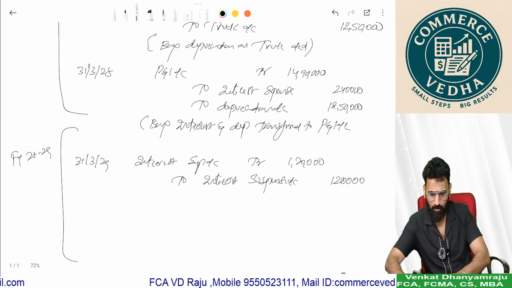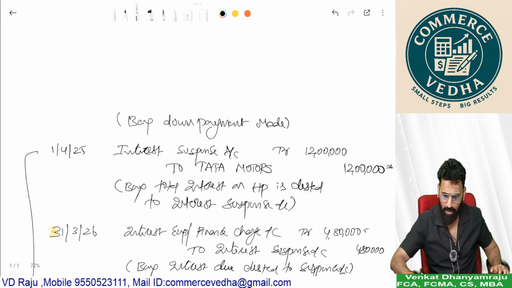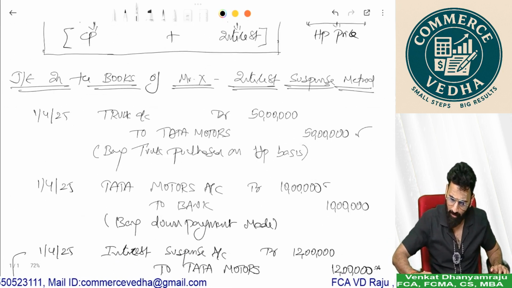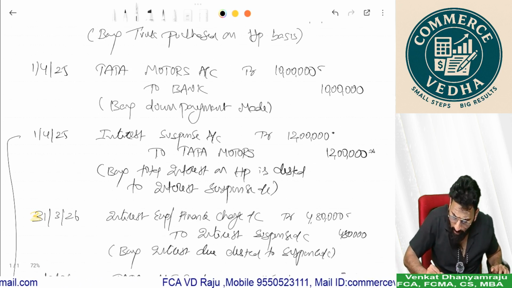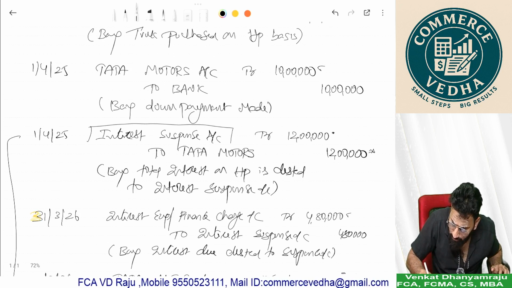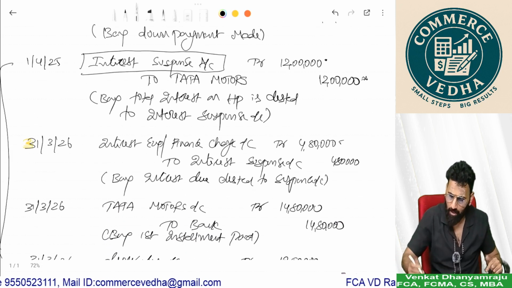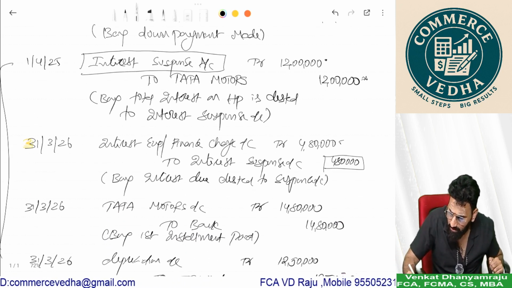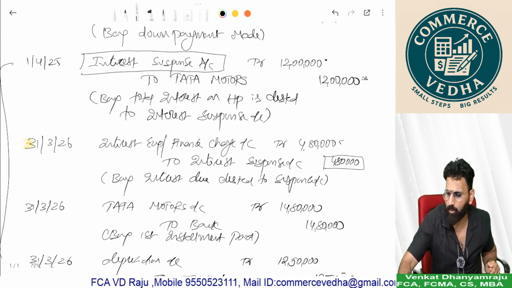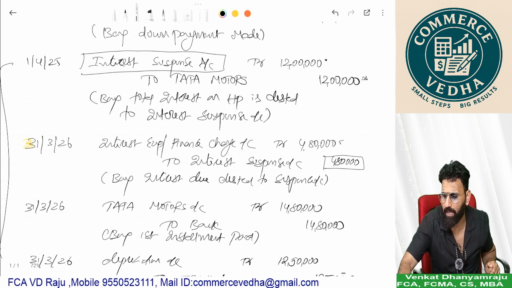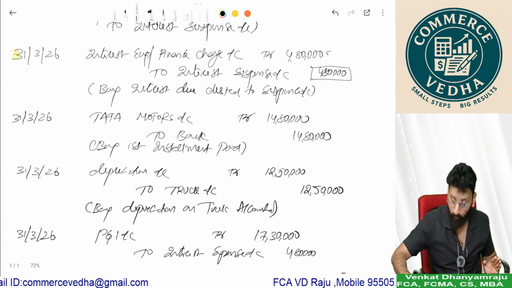If you see here, the beauty here is, observe from day 1. In day 1, the entire interest is charged to interest suspense account. At the end of first year, you cancel first year interest, debiting the interest, crediting the suspense. So suspense became 12 lakhs minus 480, 720 at the end of first year.